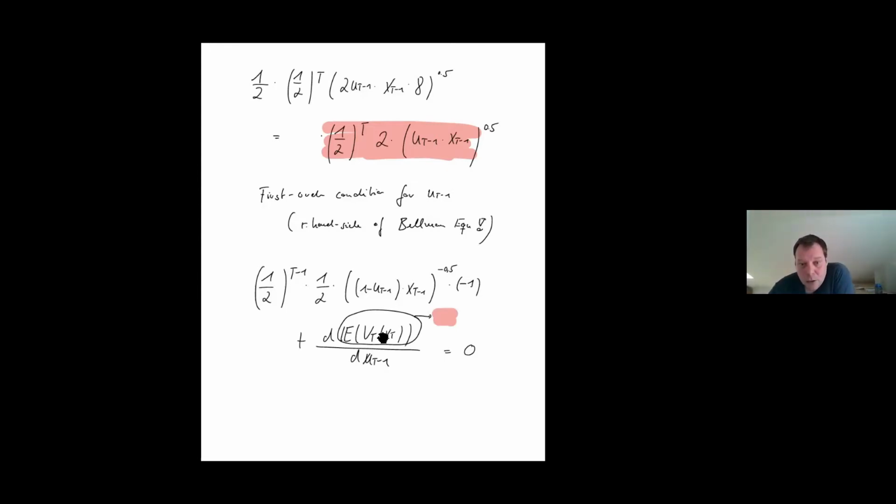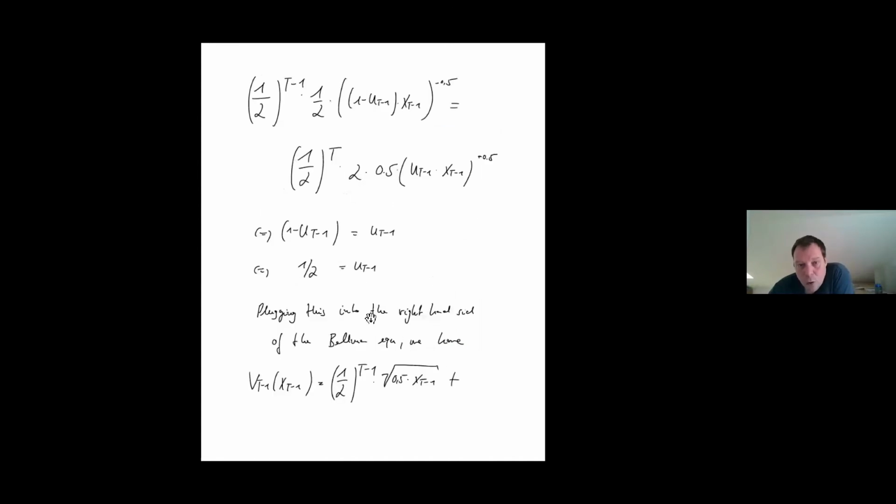So I take the first derivative of this, plug this in, and then I can directly derive an expression that is just a function of the u capital T minus 1. This is what I want to do as a function of the state that I'm in, which is x capital T minus 1.